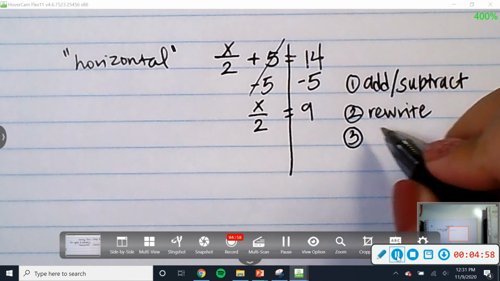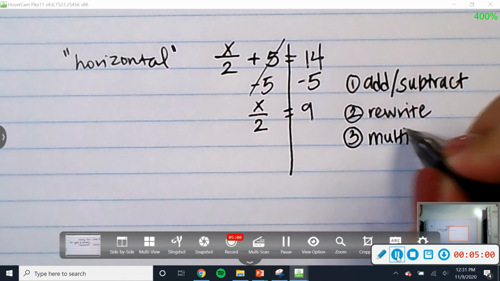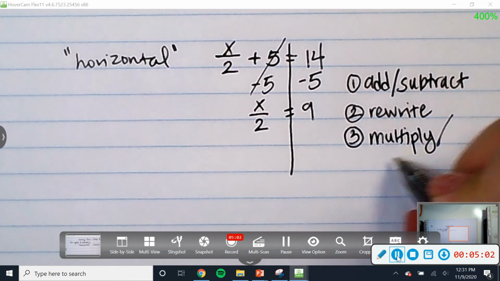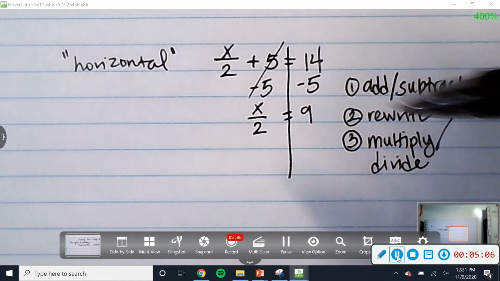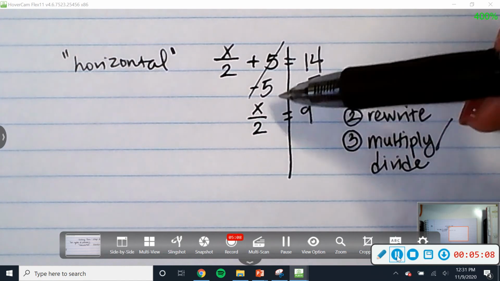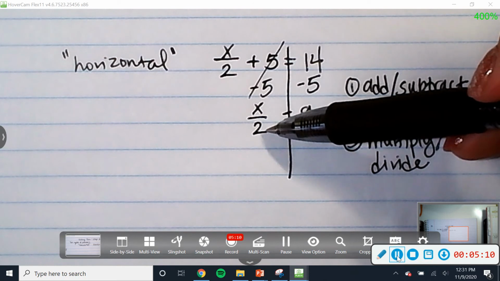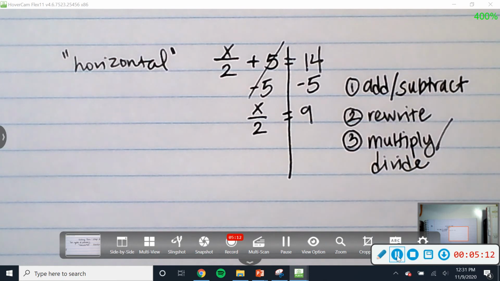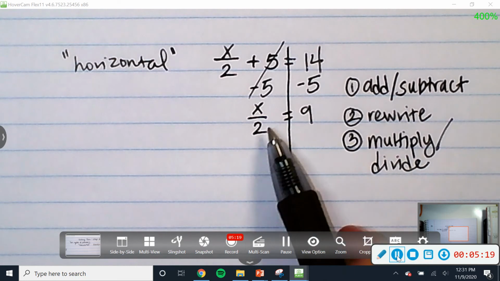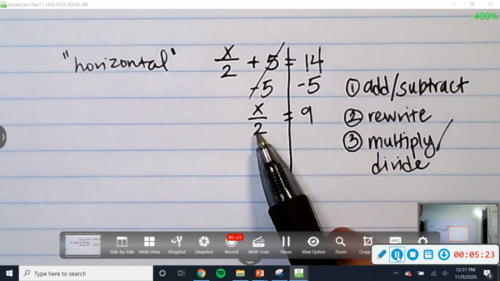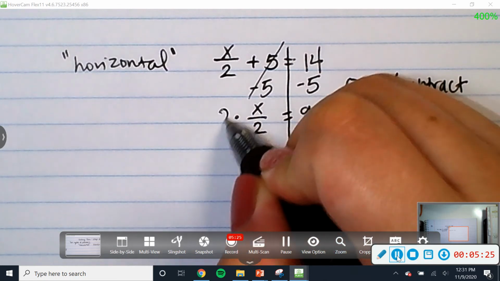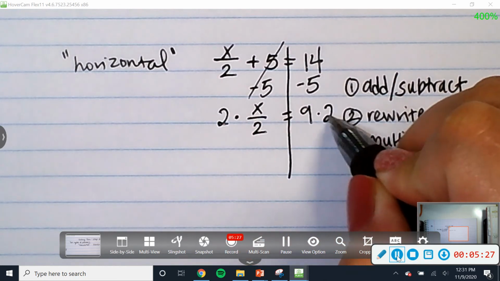The final thing that we do is we want to do multiplication or divide. And because this problem has x over 2, which is the same thing as x divided by 2, we need to do the opposite, which would be to multiply on both sides. When we are multiplying, the number that we multiply is whatever is in the denominator. So we have a 2, so we would multiply 2 on both sides here.